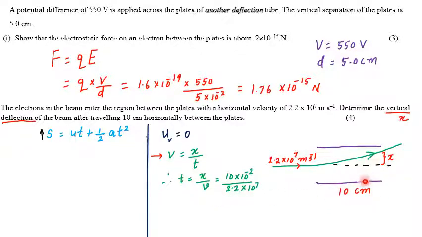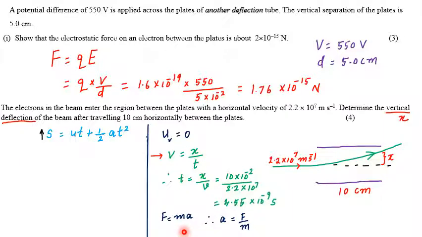The displacement traveled in the horizontal direction is 10 centimeters and its velocity is 2.2 times 10 to the power 7 meters per second. Substituting the values will give you 4.55 times 10 to the power minus 9 seconds. That is, to complete the journey it takes 4.55 nanoseconds. The time taken to complete this horizontal path and this vertical deflection are equal. So we can use the same time for this calculation as well.